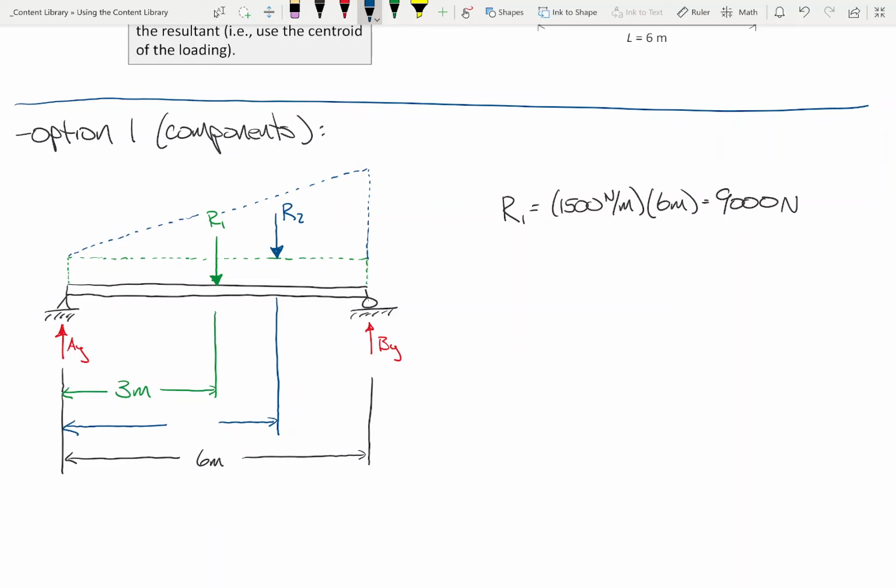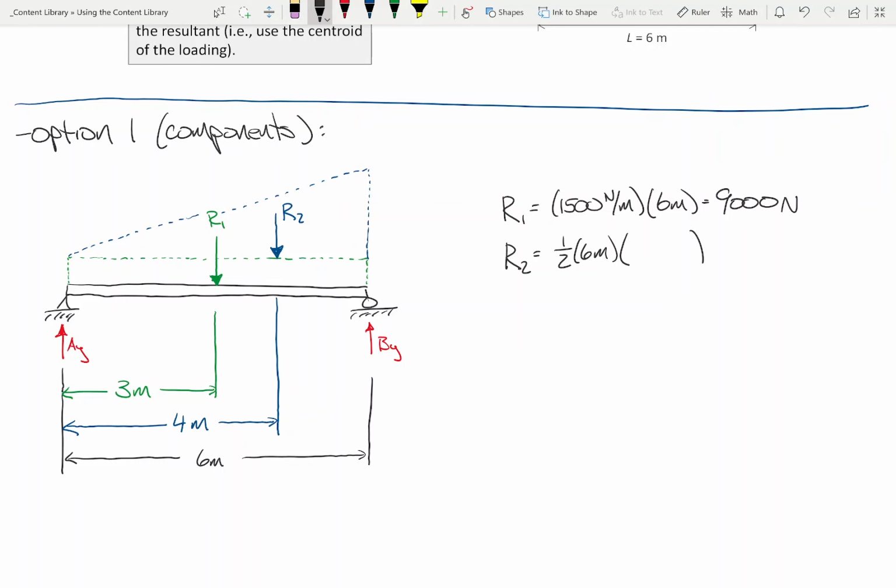because it's a triangle, right? For a triangle, it's a third of the way from the right angle or 2/3 of the way from one of the acutes. Now what about the magnitude? The magnitude is the area of the triangle, and the area of the triangle is 1/2 base times height.